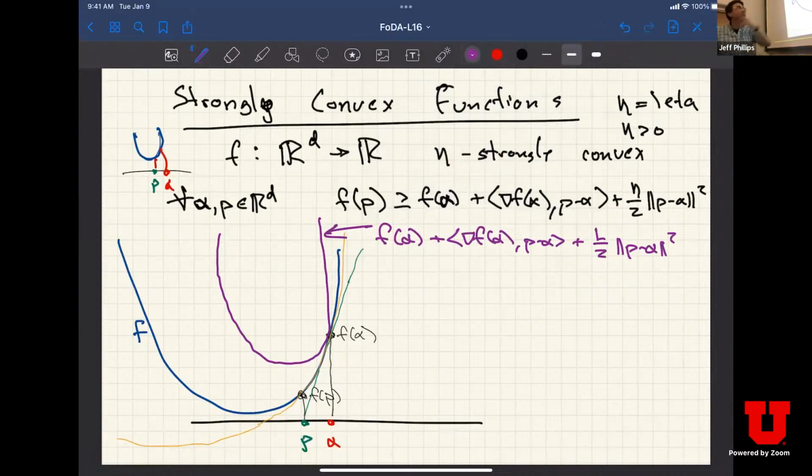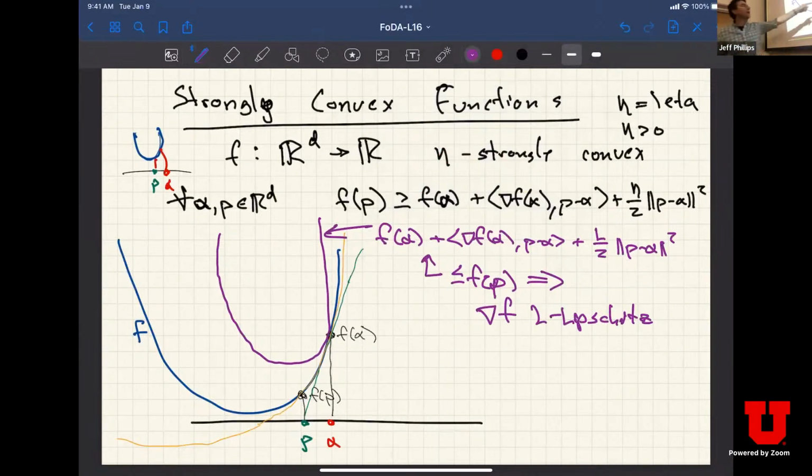And notice I used L here. If this function is always greater than f at p, then it implies the gradient of f is L Lipschitz.